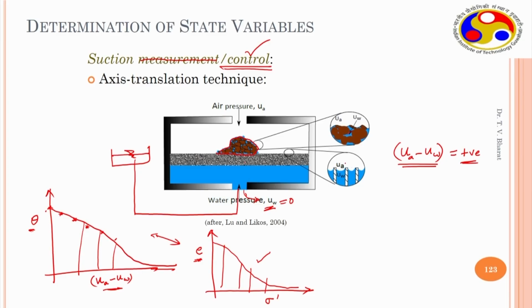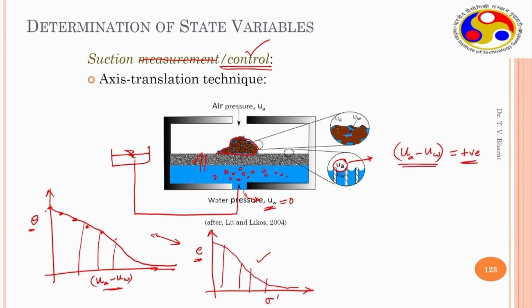Here if the air pressure is beyond the air entry suction value of the high entry disc, then air enters into the high entry disc, and there will be air bubbles that exist here, because air bubbles will start going into the water phase. Then there is a discontinuity and you cannot measure beyond that.